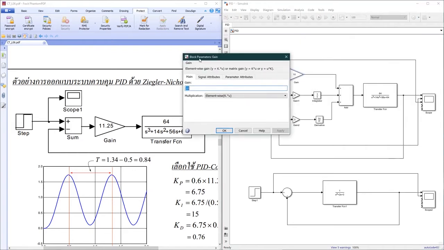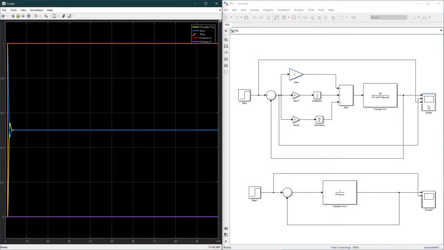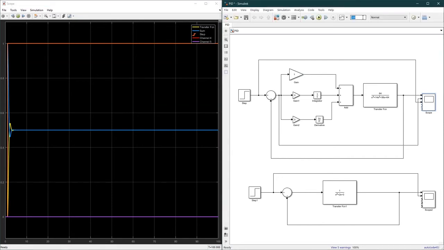Oh, don't forget to change Kp to 1. This is the response graph; change the time range to 10 seconds.